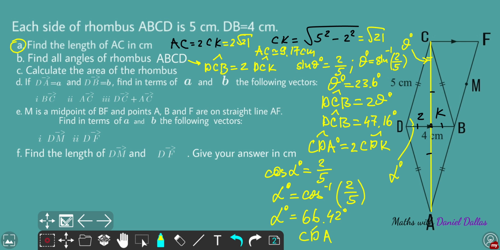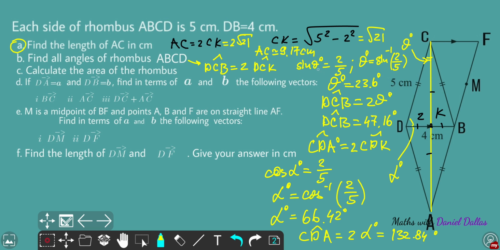CDA is just twice alpha. If we times that by 2, we'll get 132.84 degrees.